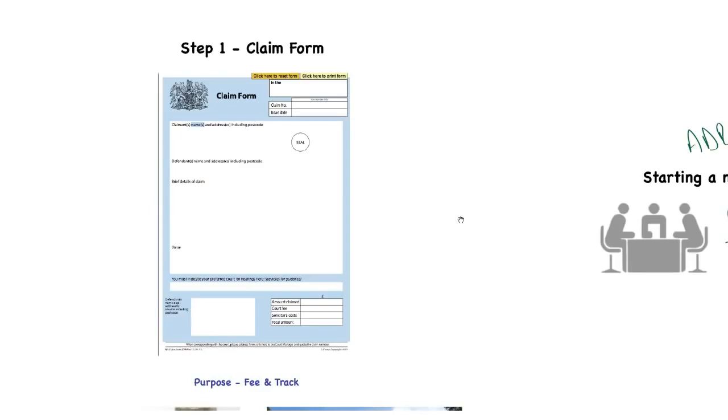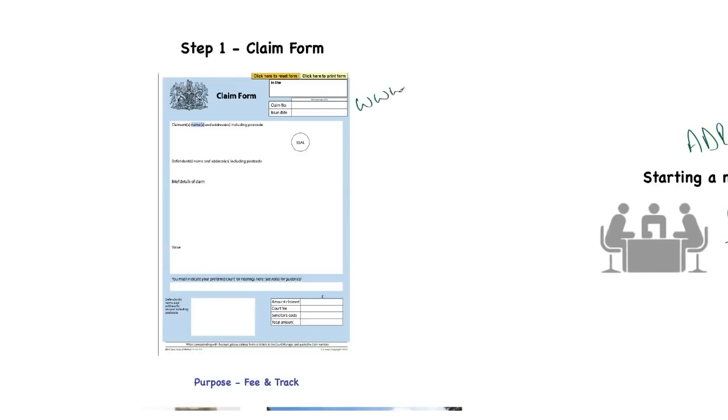And the first thing that I have to do is that I have to complete a claim form. Now, as I said, there are lots and lots of forms for different sets of circumstances involved in this process. You can download them from the internet, or they can be collected from one of 200 offices around the country.